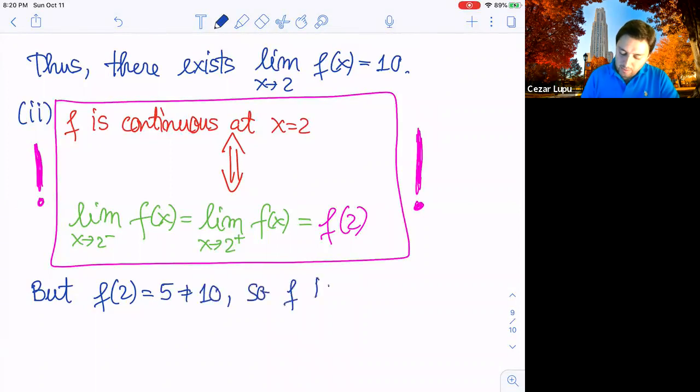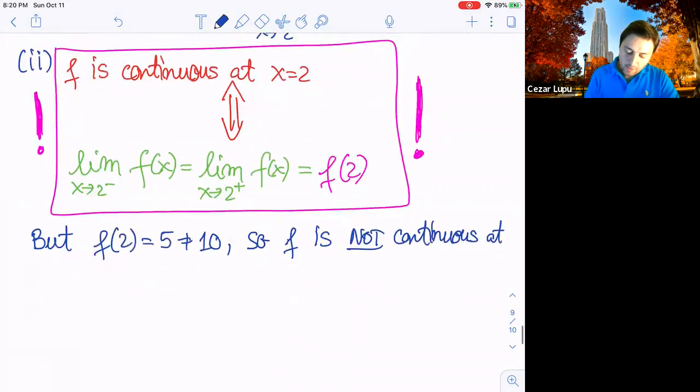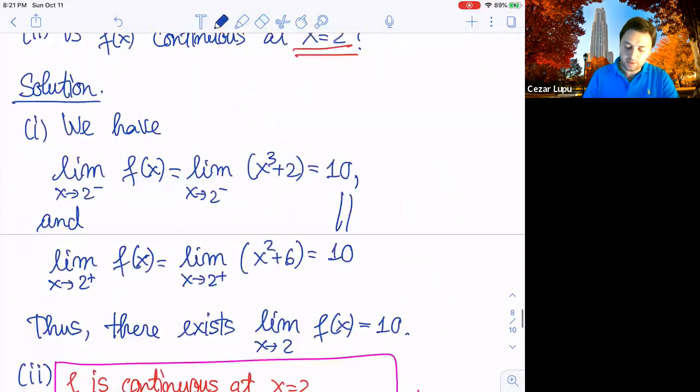So f is not continuous at x equals 2. And that's it. That's the end of the problem. So this is how we solve these kinds of problems. Now let me do something a little bit similar, but in this next problem, we would like to determine a constant such that the function is continuous at a certain point. So let's do this. This would be problem 6.